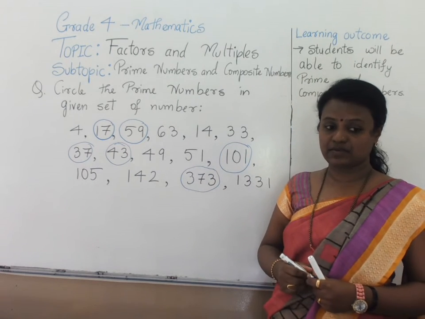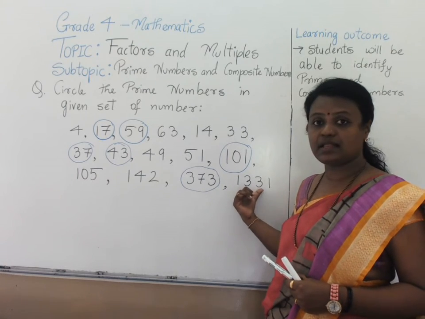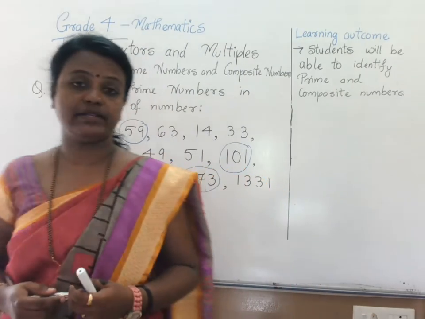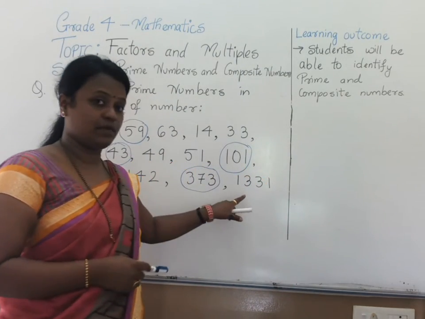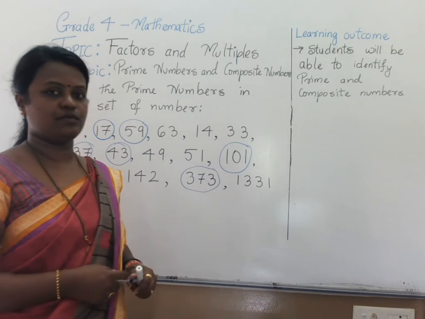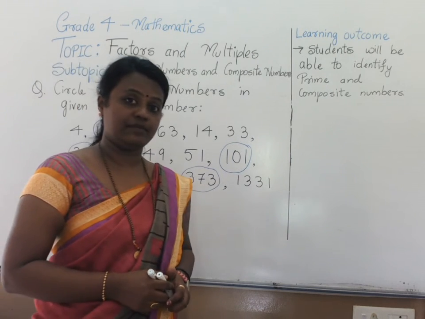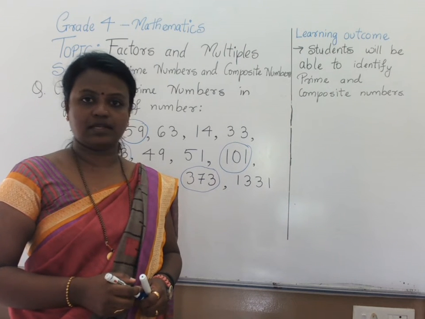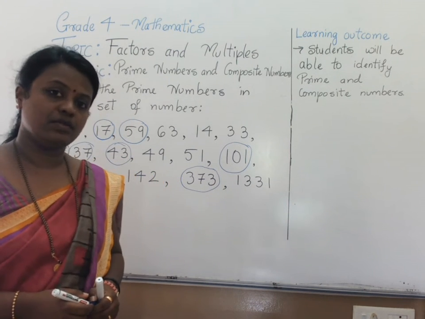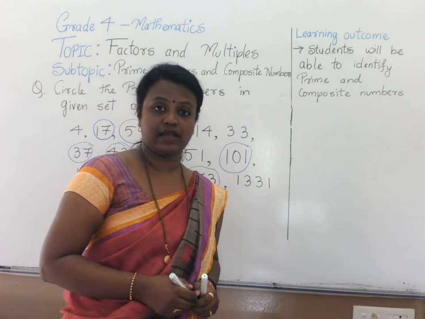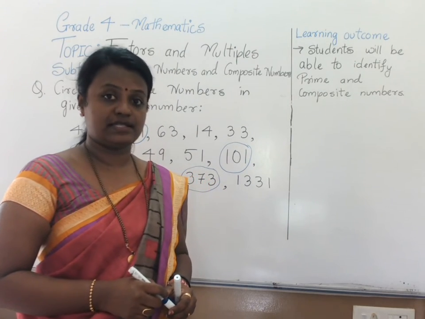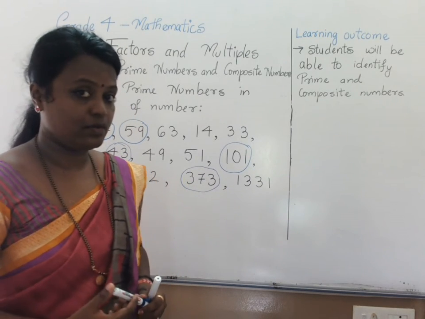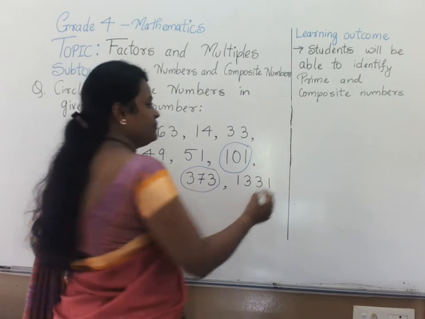How about the last one? 1331. Looking at the number, you could make out that it is divisible by one of the possibilities. So which would it be? Check with 3. If you add up 1 plus 3 plus 3 plus 1, that results in 8. It is not. So check with 4, 5, 6, 7, 8, 9, 10, not possible, but 11.